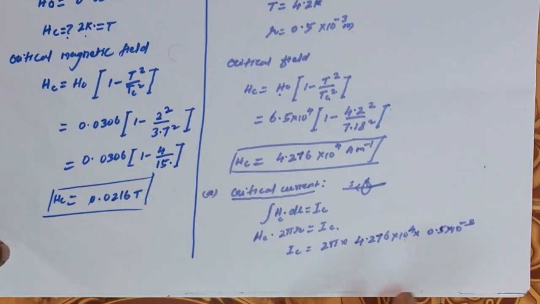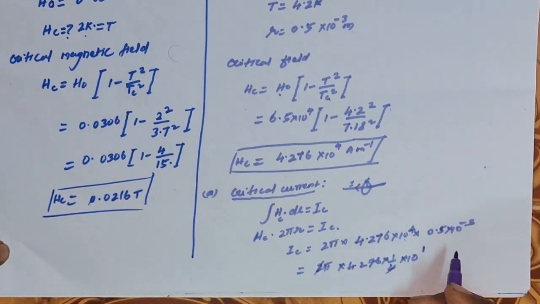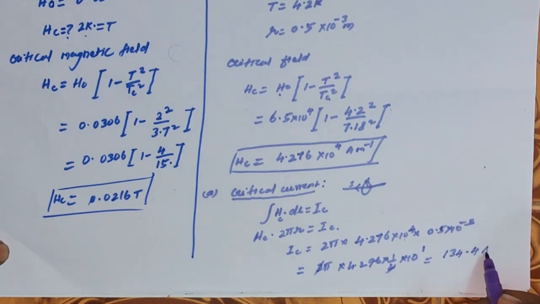So this is 2 pi into 4.276, where 0.5 you can write as 1 by 2, and 10^(4-3) is 10^1. You can cancel the 2s. Doing this calculation, finally it gives approximately 134.4 ampere. This is the critical current passing through the superconducting lead.